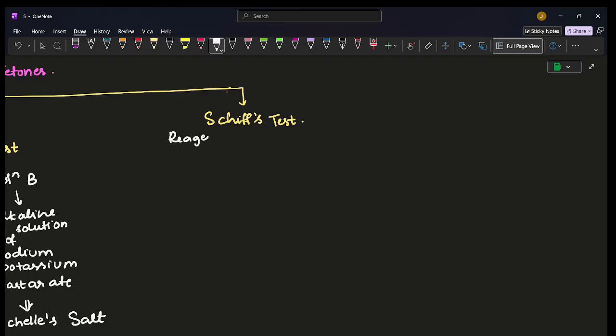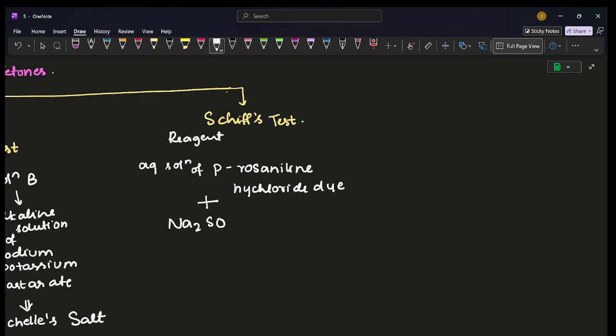The reagent is prepared by decolorizing an aqueous solution of para-rosaniline hydrochloride dye, and you're going to add that with sodium sulfite, Na2SO3, right?